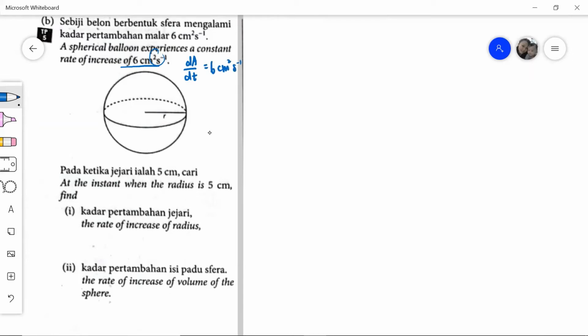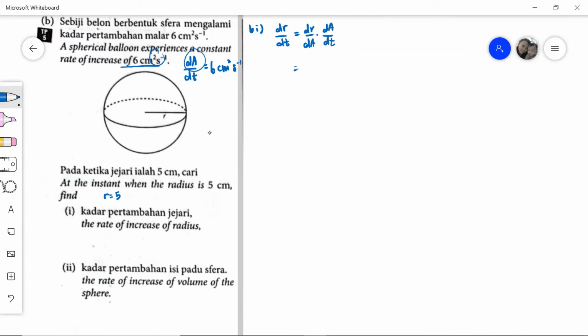So at the instant when the radius is 5, so when r equals 5, we have to find the rate of change of the radius. So part 1, we are looking for dr by dt. We split it into 2 parts, and then we chain together by the quantity that we have, which is dA by dt. So we chain together by dA.